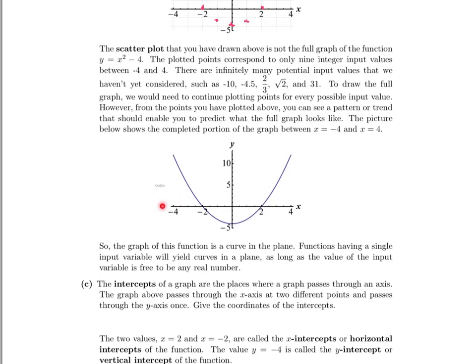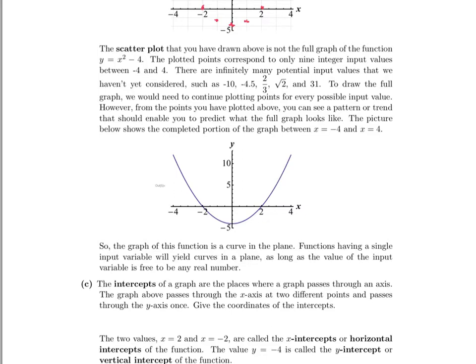So right here is x equals negative 4. This is x equals 4. And you are viewing the portion of the graph between these two input values. And you can see that the graph is a curve.